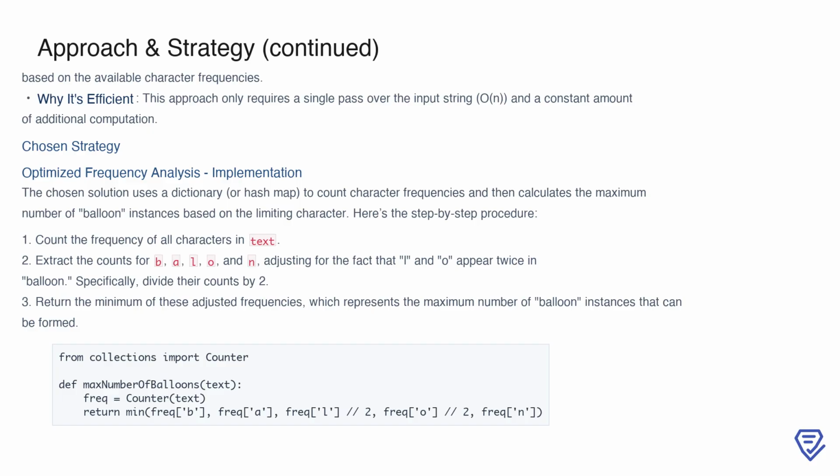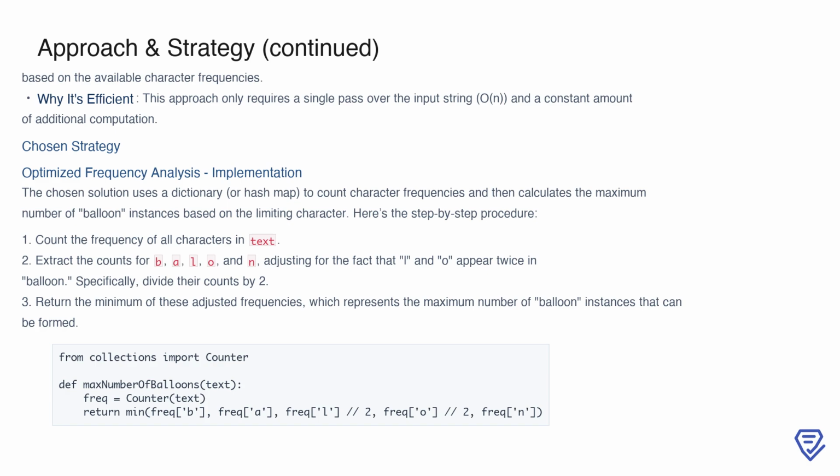It requires just a single pass over the input text to count the character frequencies, which is an O(n) operation, followed by a constant amount of additional computation to determine the limiting character. With this understanding, we can now outline the steps for the optimized frequency analysis. First, we use a dictionary or hash map to count the occurrences of all characters in the input string.